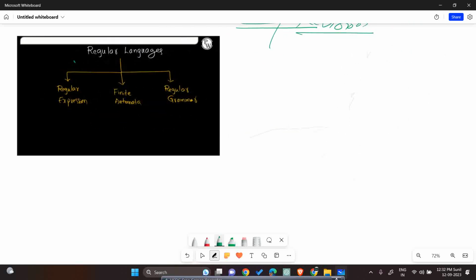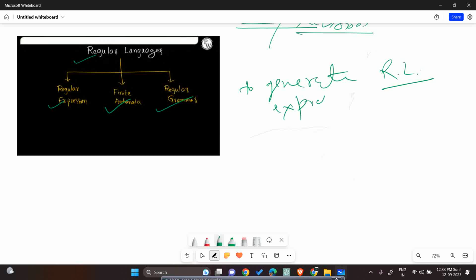So what is regular language? Regular language can be expressed in terms of regular expression and finite automata or regular grammar. These are three ways to generate a regular language, or to express, we can say, or to identify.